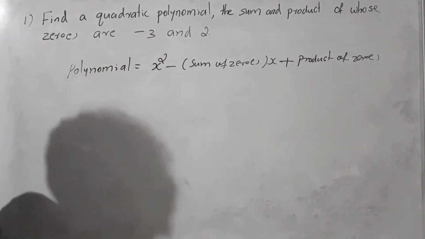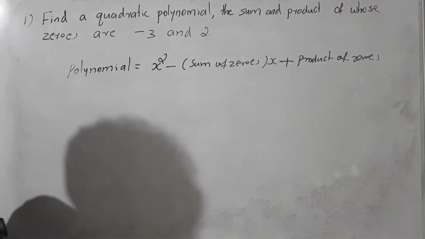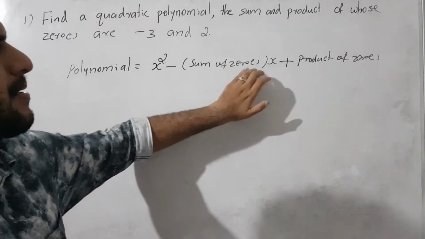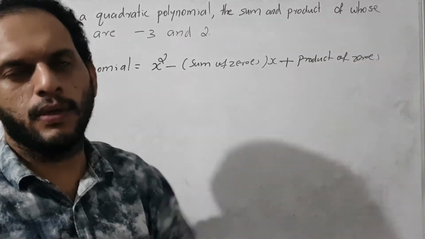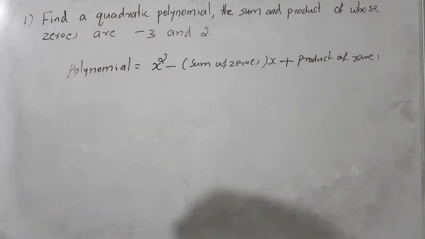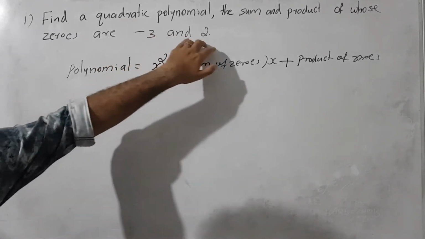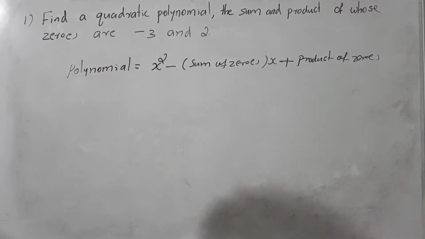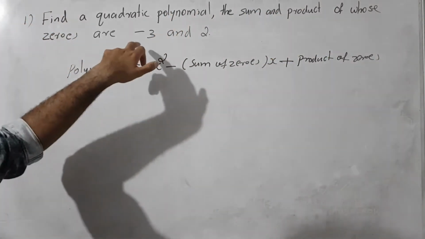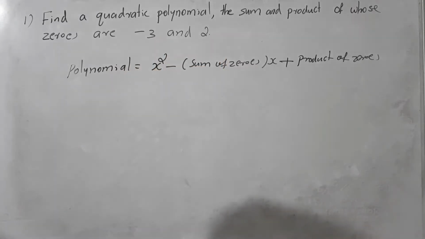That means the required polynomial is equal to x square minus sum of zeros into x plus product of zeros. This is the equation to find the quadratic polynomial when the sum of zeros and the product of zeros are given. Clear? Then what is the question? The question is: find a quadratic polynomial, the sum and the product of whose zeros are minus 3 and 2. Then it's very clear.